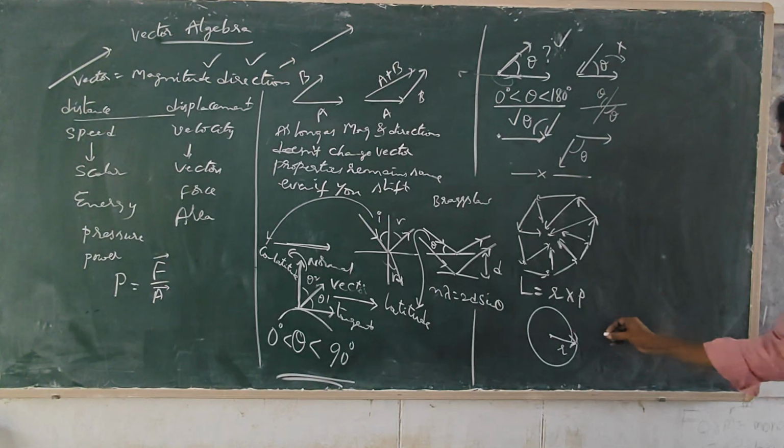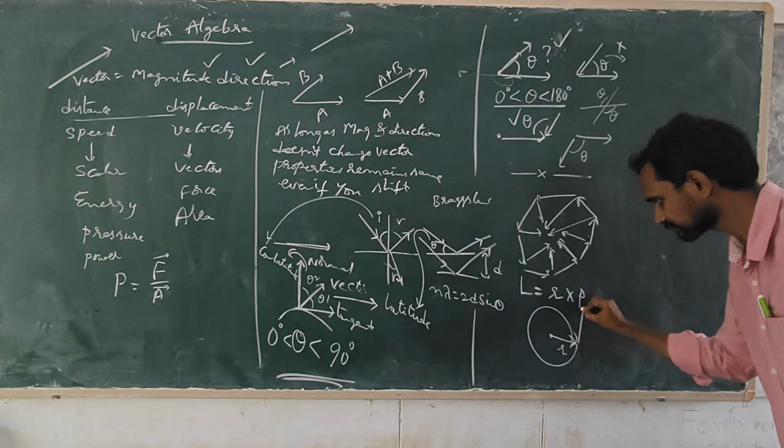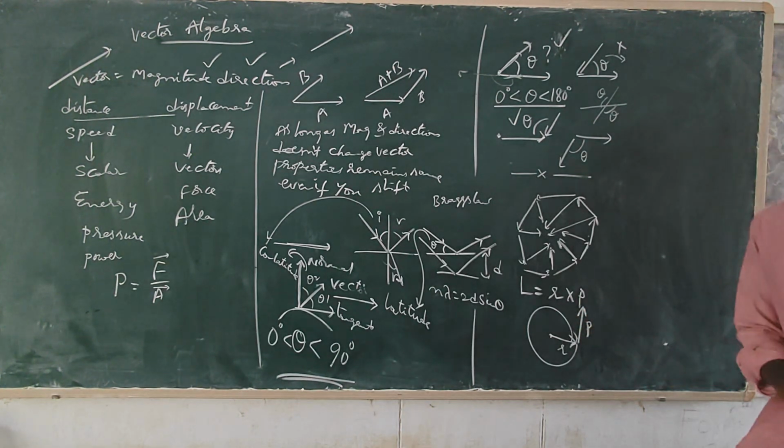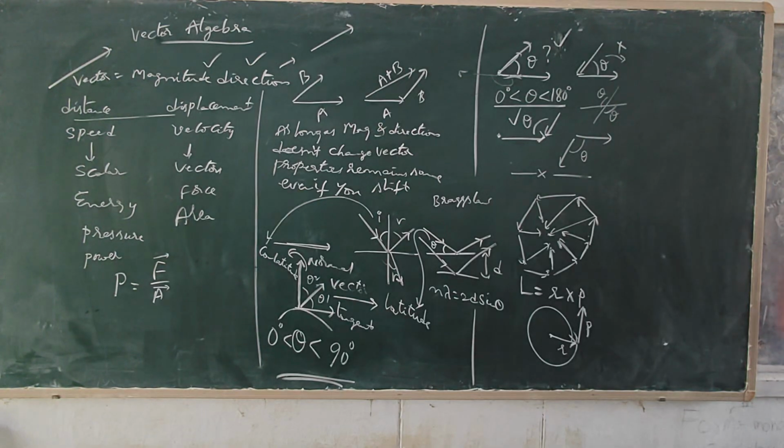Radial vector, and what is momentum? So this is the momentum vector. So R is the radial vector and P is the momentum vector, and L is given by R cross P.